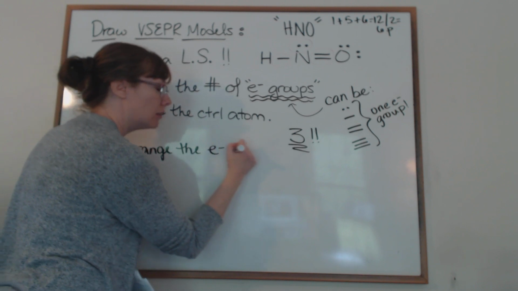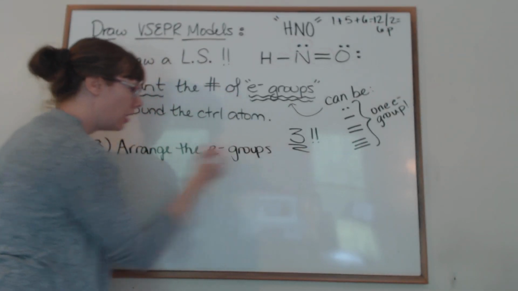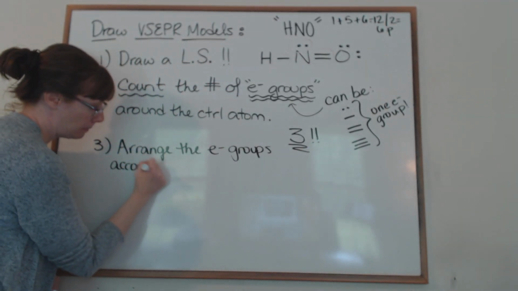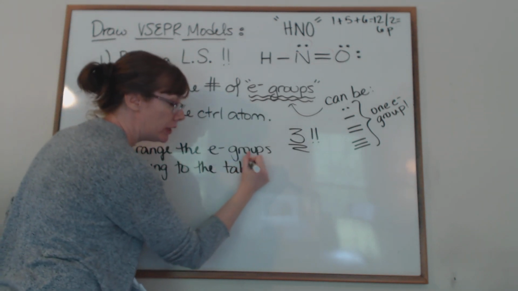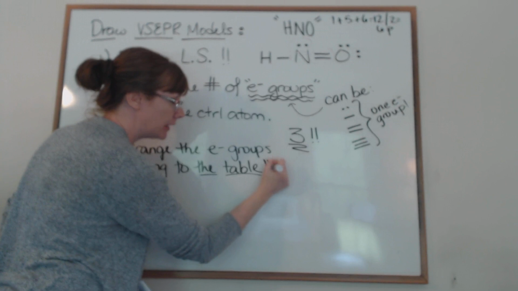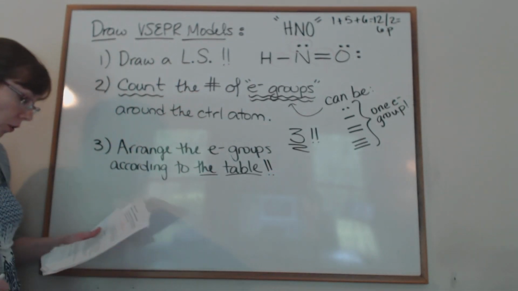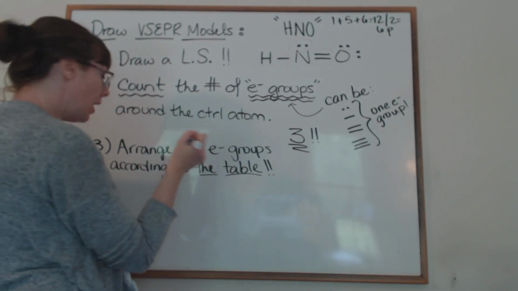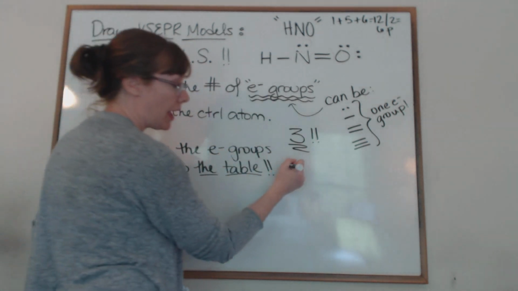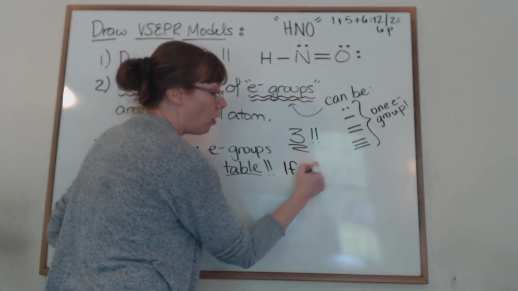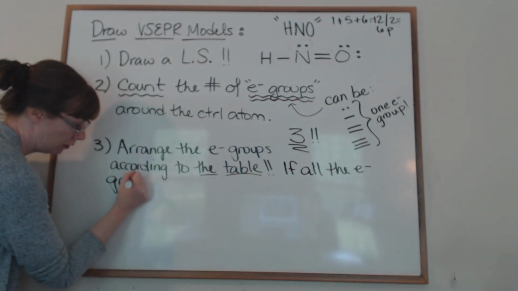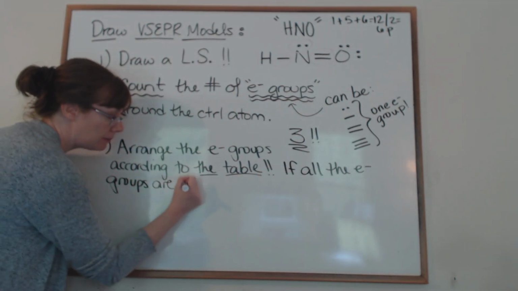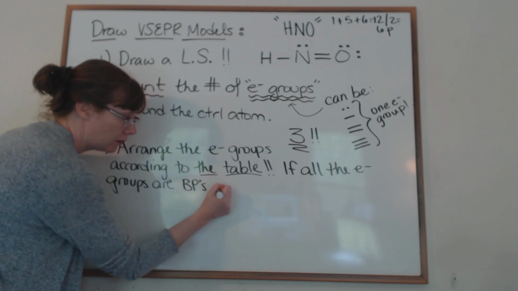And then with that number, what you want to do is arrange the electron groups according to the table. And what we're going to do is build this table together today in our notes. And then let's go ahead and add one more statement here. If all the electron groups are bonding pairs, okay?